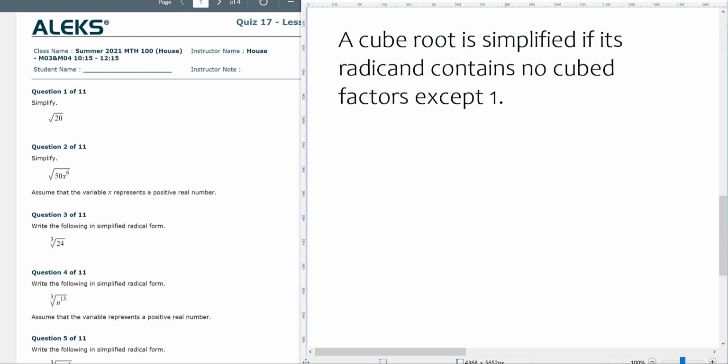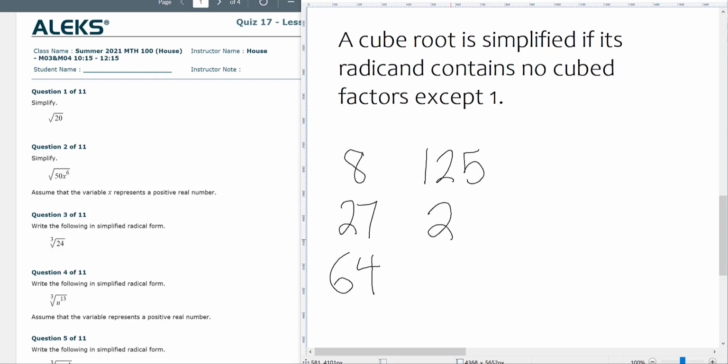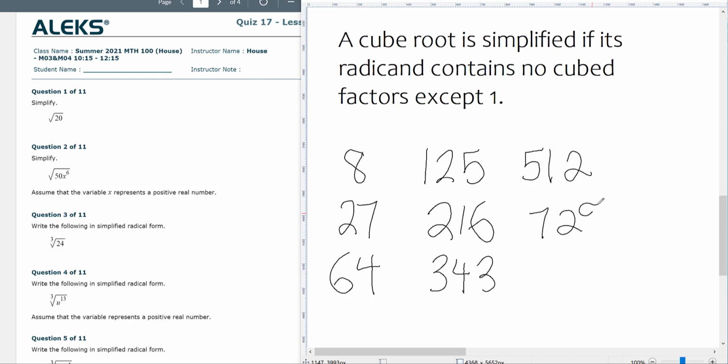So 2 to the 3rd is 8. 3 to the third is 27. 4 to the third is 64. 5 to the third is 125. 6 to the third is 216. They get big really fast. 7 to the third is 343. 8 to the third is 512. 9 to the third is 729. And 10 to the third is 1000.